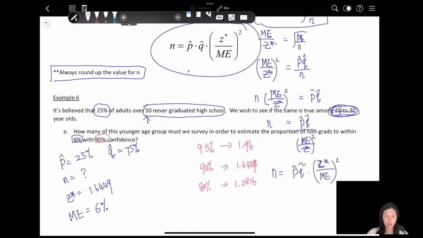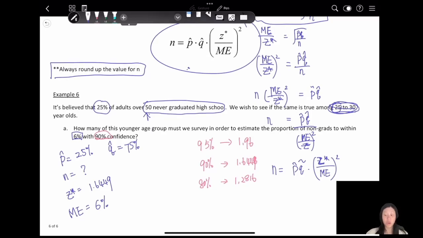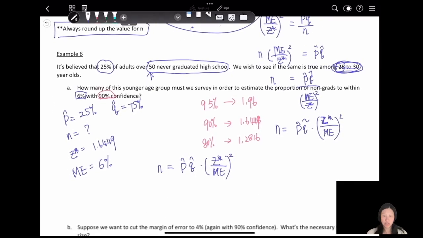Okay, so now we can use the formula, or you can try to find the formula by yourself. I showed you at the start of the class. So n equals p hat q hat times the z-score over the margin of error, squared.